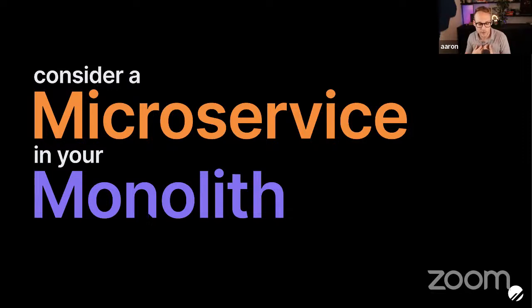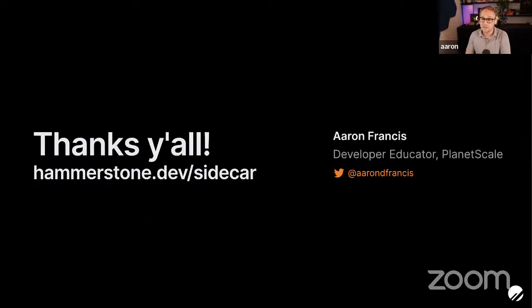And in my opinion, it is a reasonable middle ground between going full microservices, and also a nice escape hatch from staying strictly monolith. So that would be my request to you. Consider it. It might work for you. If it does, it's kind of a lot of fun. That's it.